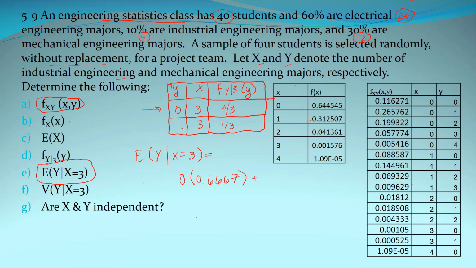And it's going to be the value of y is 1 times that probability of it occurring, which is 0.333, and all of that ends up being 0.3333, and you can keep going if you want to, but okay, so that was pretty easy to calculate.